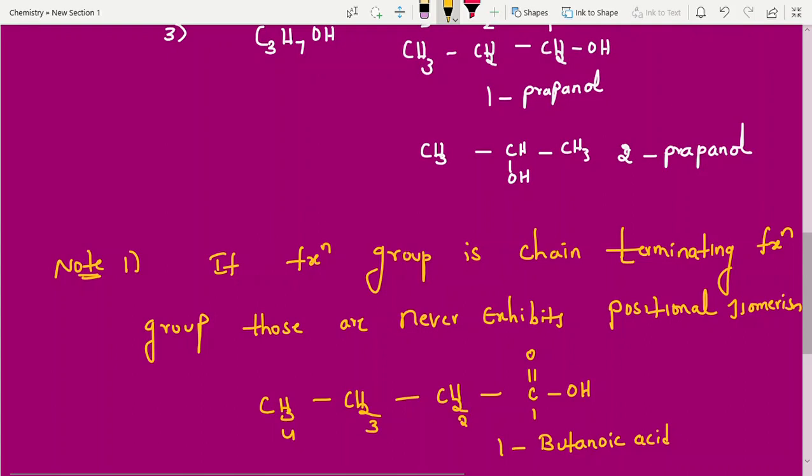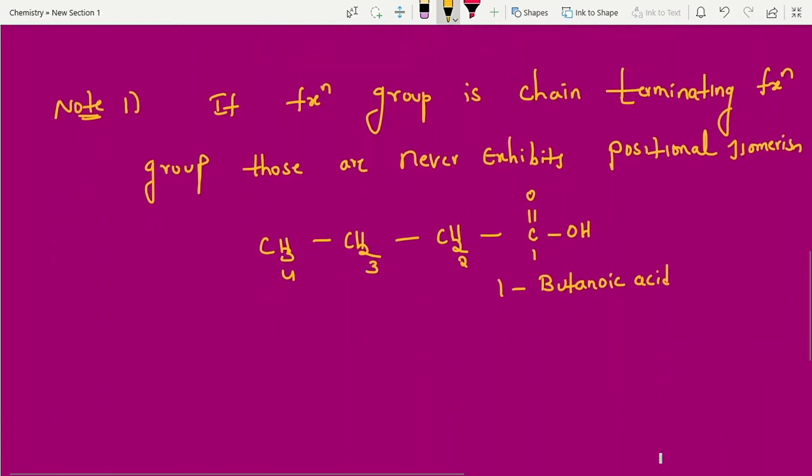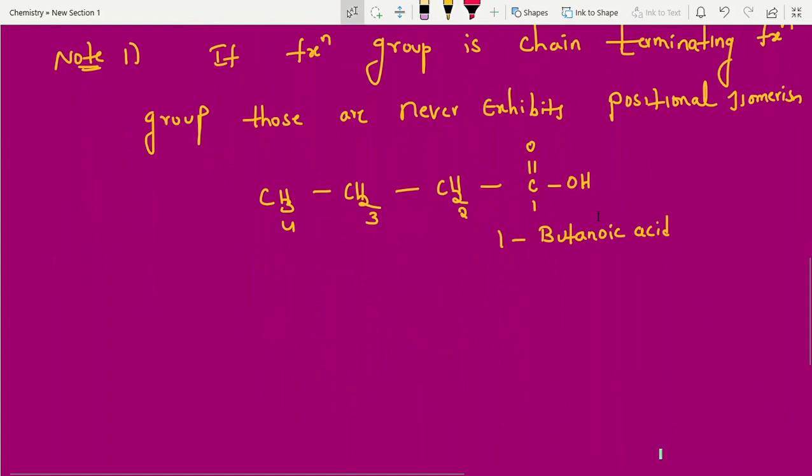With the same molecular formula, we'll write the next isomer. Yes, I'm writing here. Check it. Just write a chain here: COOH, CH2, CH, CH.